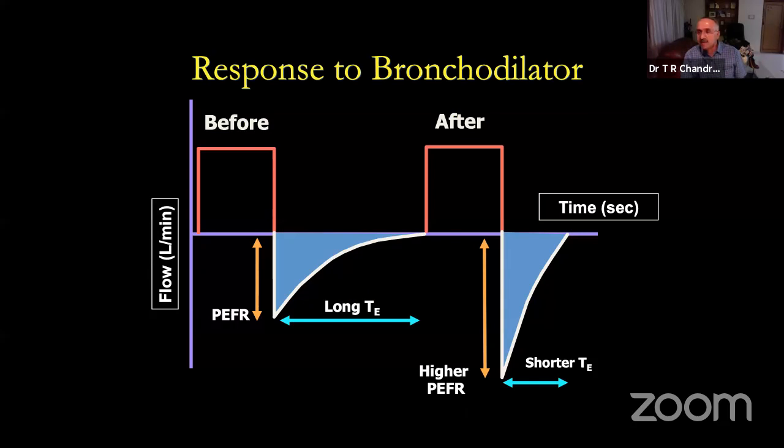It should be a response to a bronchodilator, or probably a good suctioning also would do this, isn't it? If there is an obstruction, it has been relieved. So the peak expiratory flows have increased and the expiratory time has shortened. So you can also look at the effectiveness of bronchodilator therapy by looking at your flow versus time scalars.